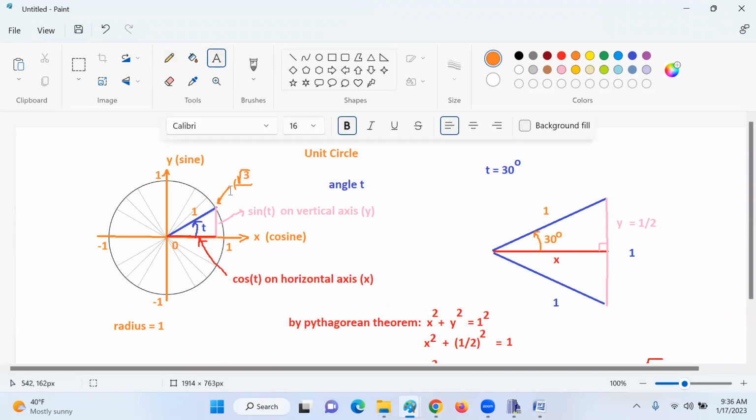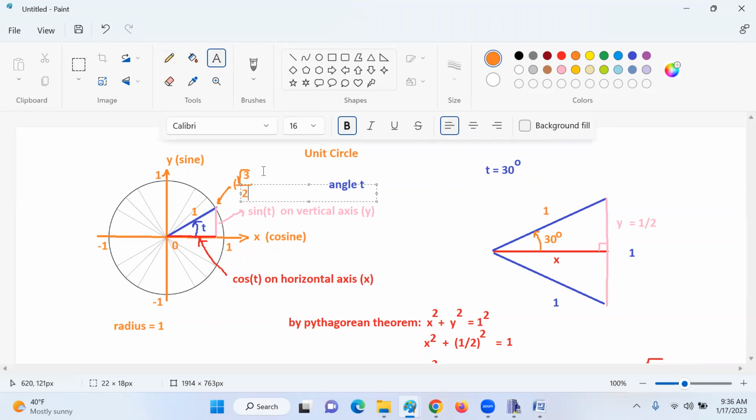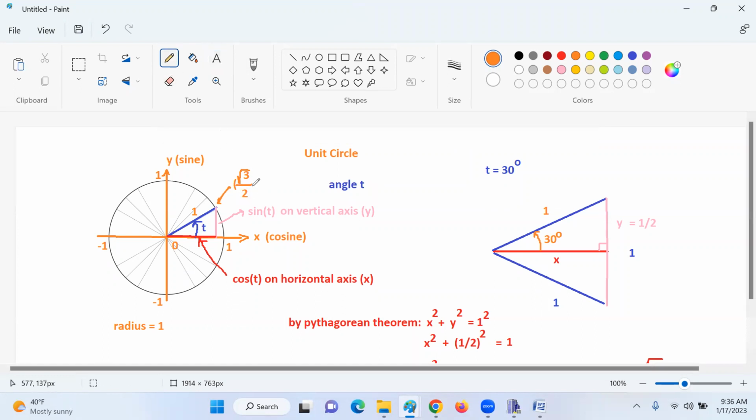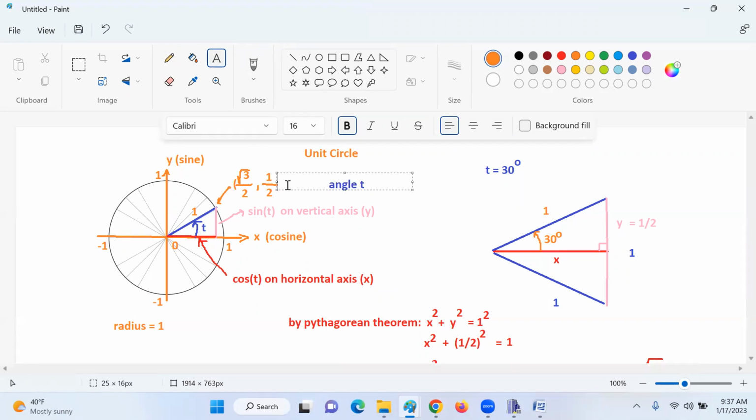I have such a hard time drawing. I teach the courses online, but it's harder for me to write them down. And then the y is 1 over 2. Okay, so this is what it looks like.